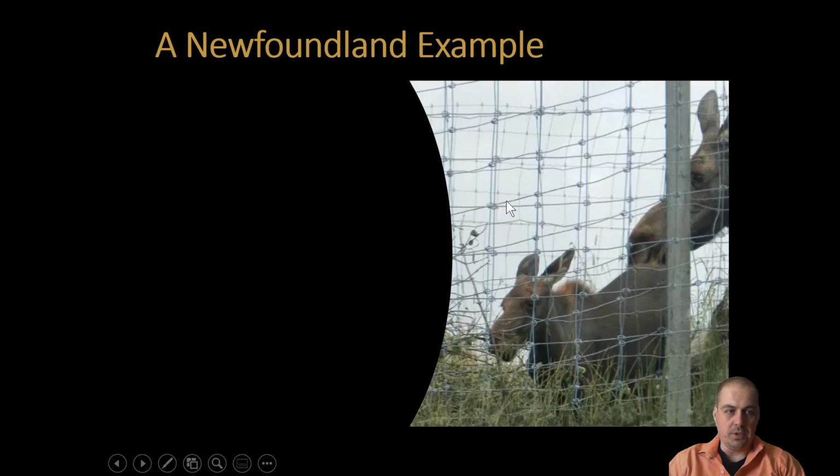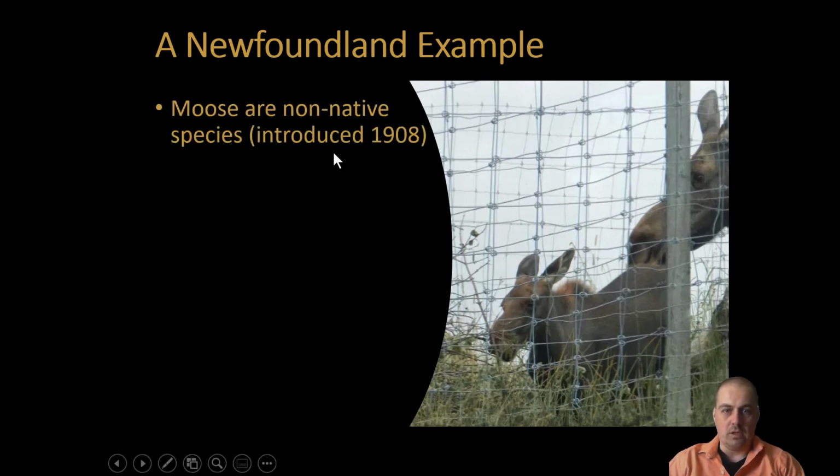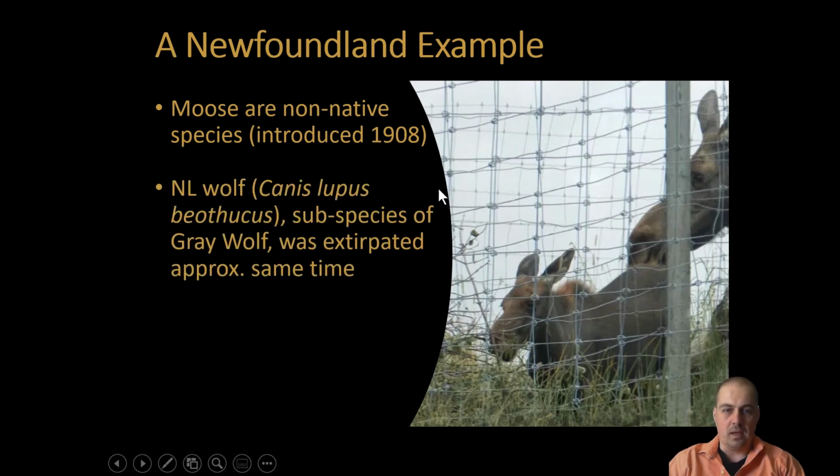So the example in the greater Yellowstone area can be directly applied to our province. So moose are a non-native species. They were introduced to the province in approximately 1908. And around the same time, the Newfoundland wolf was hunted to extinction, or extirpated.